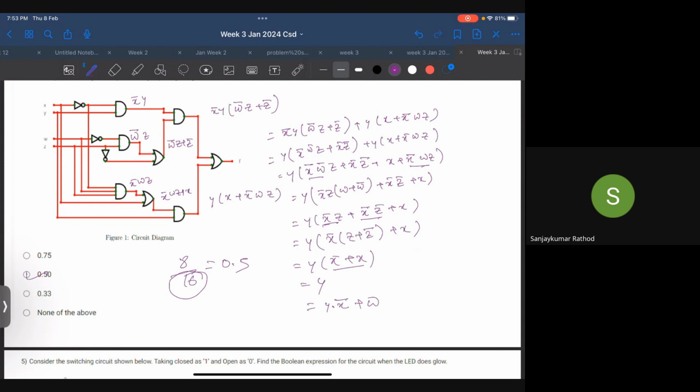But your denominator will be 2 power 3 this time, not 2 power 4, because you have reduced the variables. You are only taking the subset, so you should choose the table which corresponds to these three variables, and your answer will be the same.